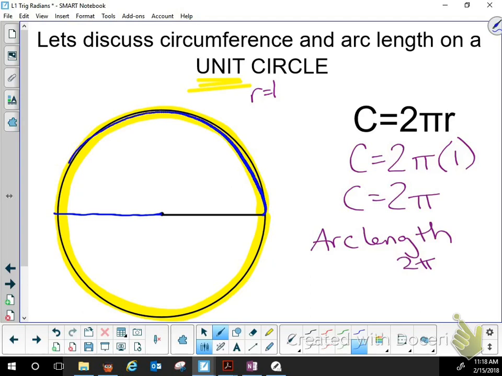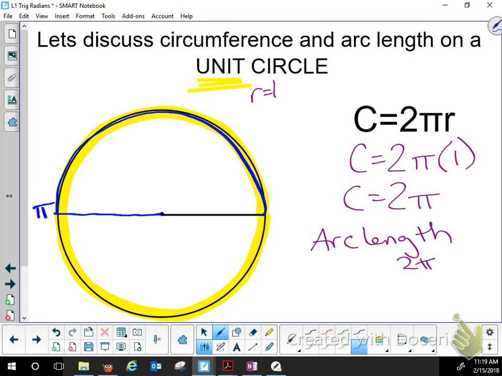If all the way around the circle was 2 pi, this much around the circle is pi. And remember how we said the arc and the angle are the same? Radians are the measure of the arc that we can also call the angle. I will show this again in the next slide.